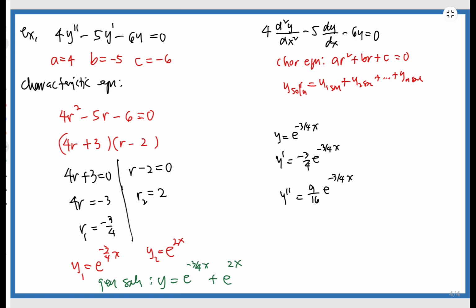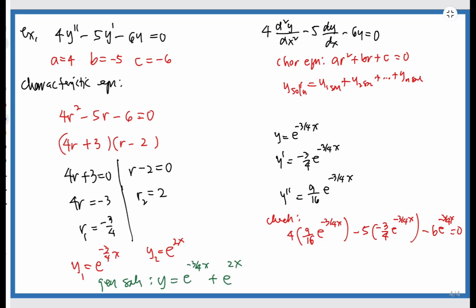So 4 times 9/16 e to the negative 3/4 x, minus 5 times negative 3/4 e to the negative 3/4 x, minus 6 e to the negative 3/4 x should be equal to 0.